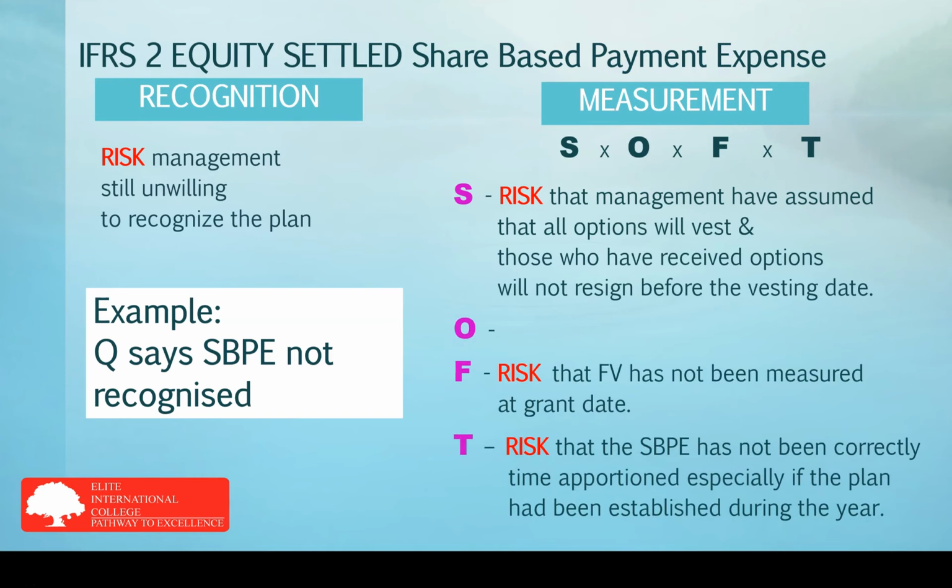So you can choose any of these. But remember, the ACCA examiner is going to limit you to just 2 risks for one particular item. So we're talking about equity settled. Then you're only going to put down risk twice and develop the point for 2 risks. That's all. So you're not going to use all 4 of them. Marks will be limited in the exam.